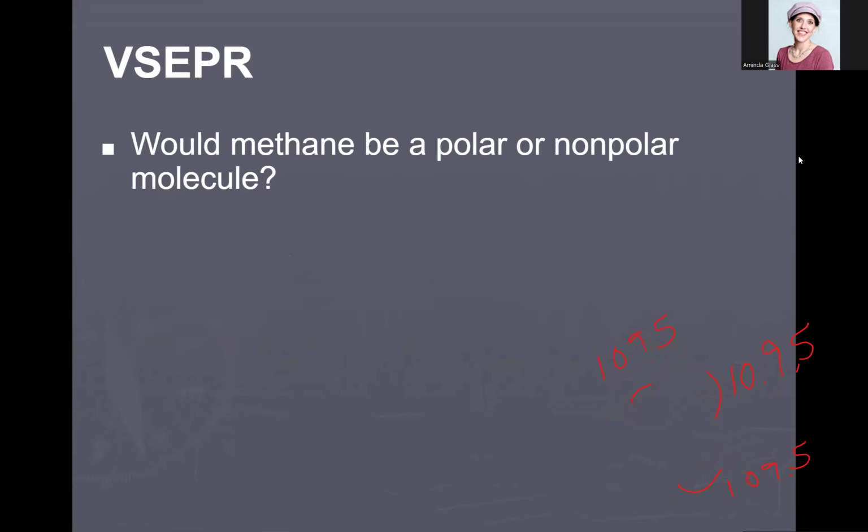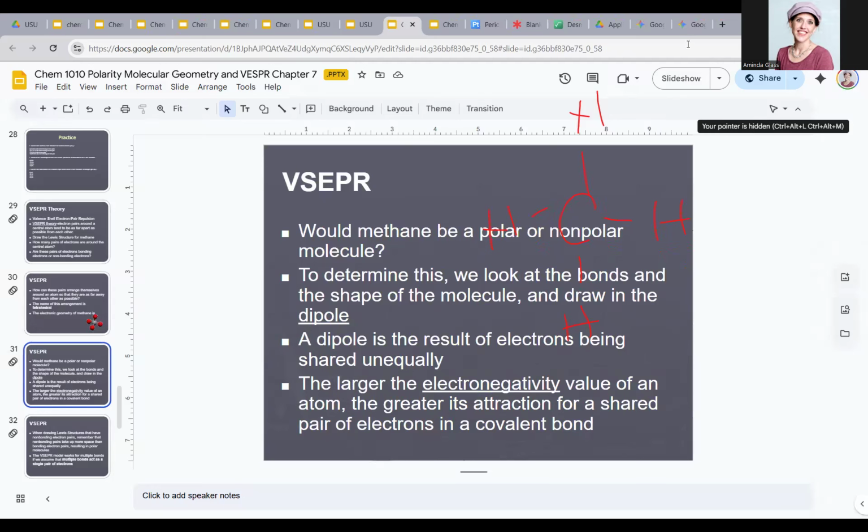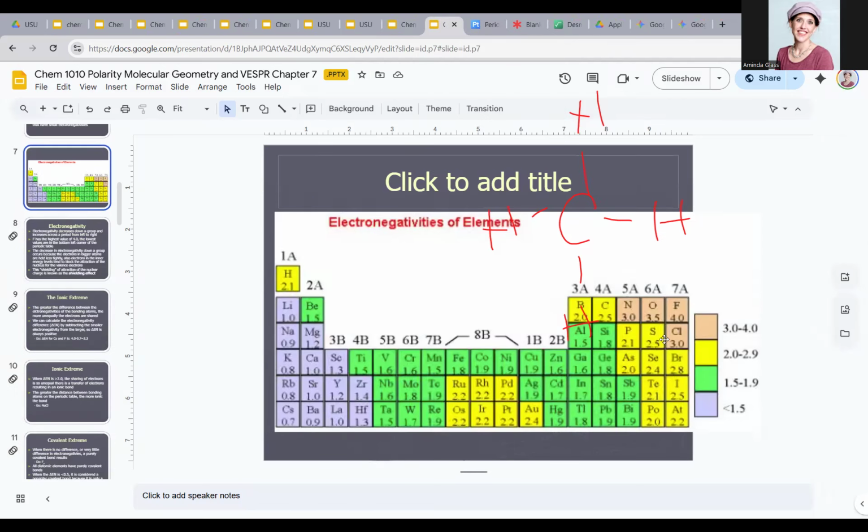Now, building on what we did last class, would methane be a polar or nonpolar molecule? Let's look. If we have C, H, H, H, H, we need to look at each individual bond. So we could look at our chart from before, right here, and find carbon, which is 2.5, and find hydrogen, which is 2.1.